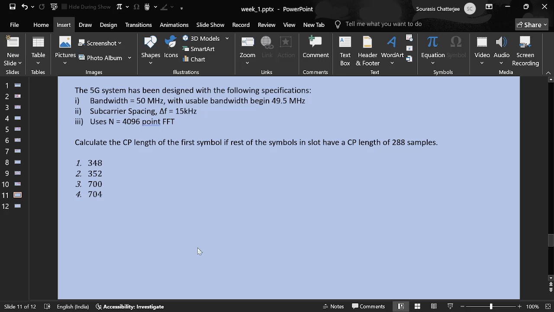Can we start from how many samples there are per symbol? 4096. Sorry, I cannot hear you. Can you just repeat once?